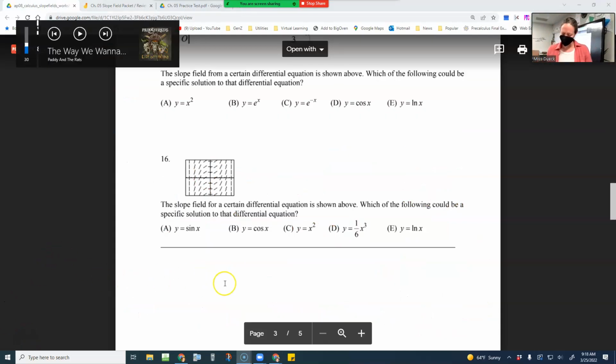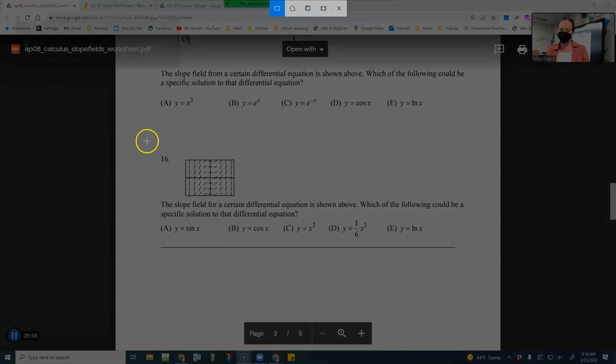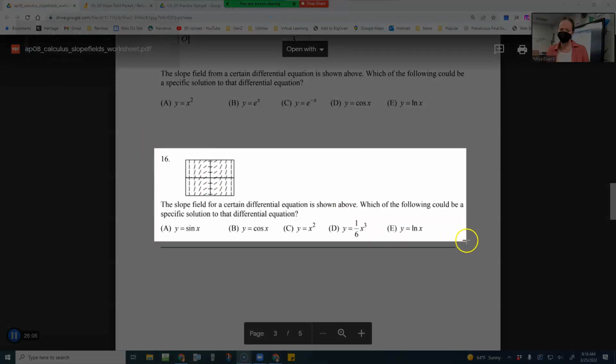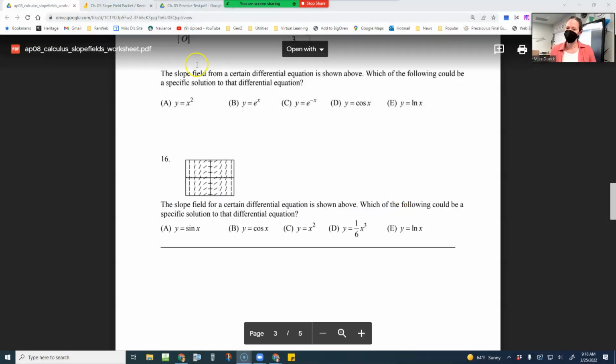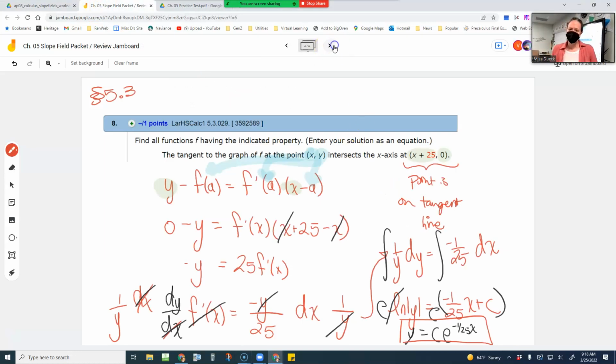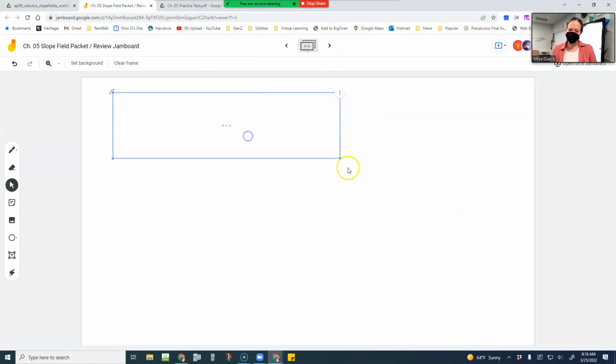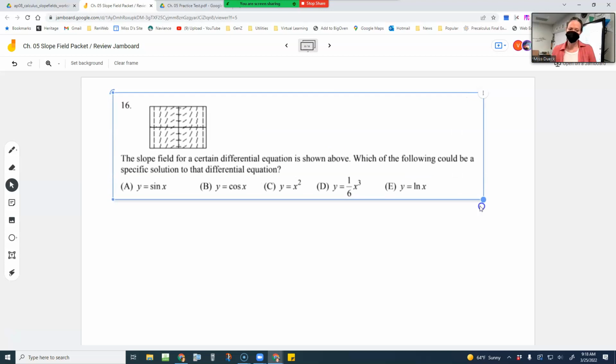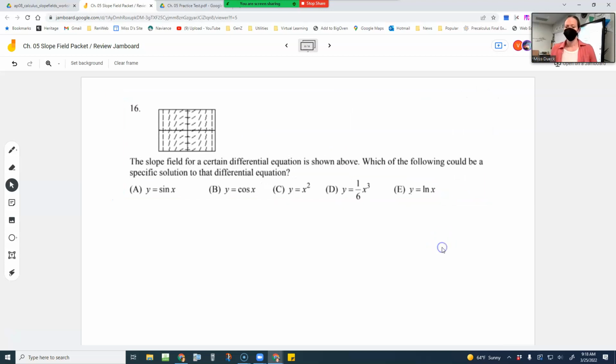For anybody just joining us, we'll look at number 16 on the slope field packet in case you want to go there, trying to make a match. Remember, as you're looking at your slope fields, you have to think about what you're matching it with. Up until this point, in class we've been mostly matching with differential equations, like what makes the slope.